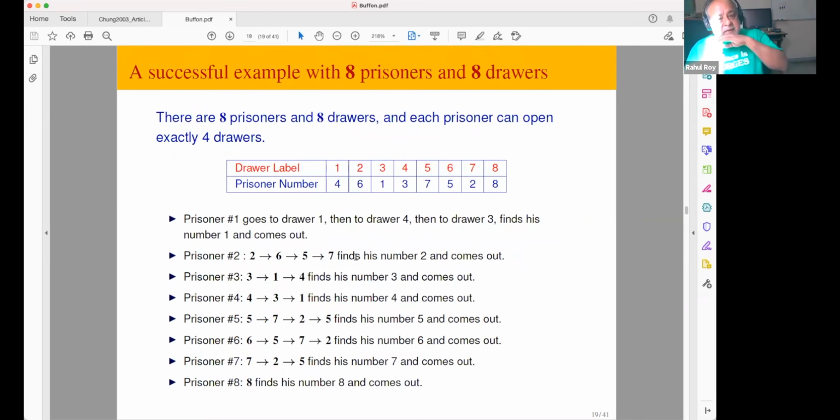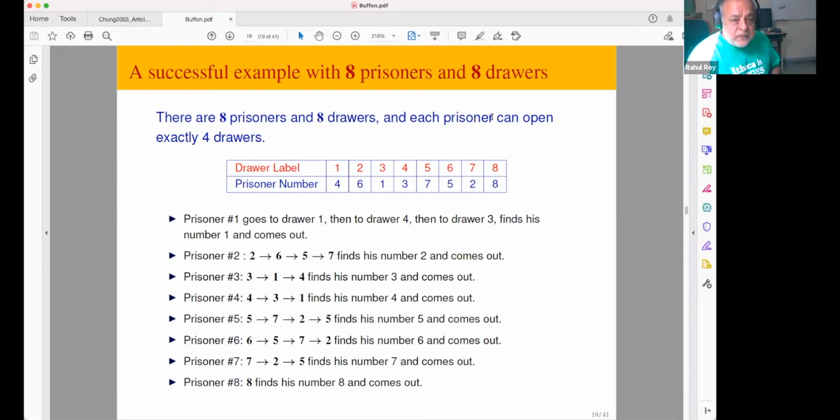Let us see an example where there are 8 prisoners and 8 drawers, and then you can see how we can generalize to n prisoners and n drawers. So there are 8 prisoners, 8 drawers, and each prisoner can open exactly 4 drawers.